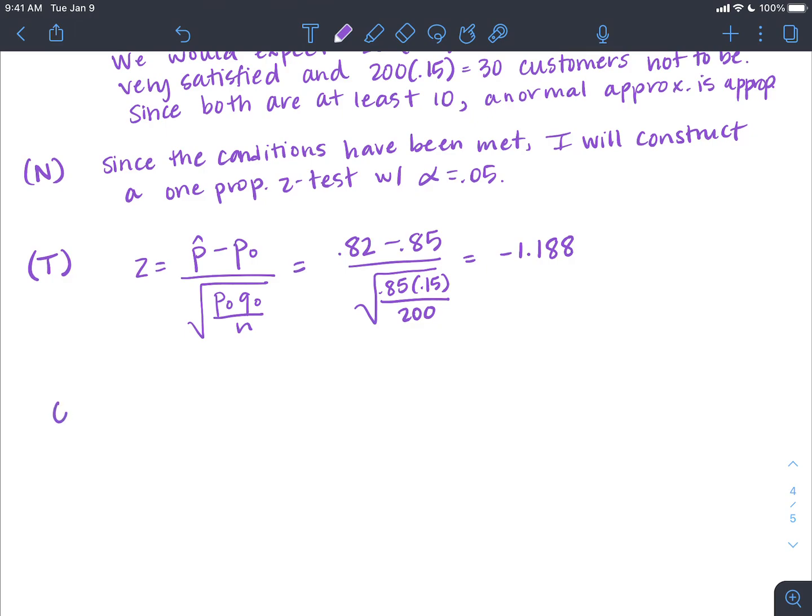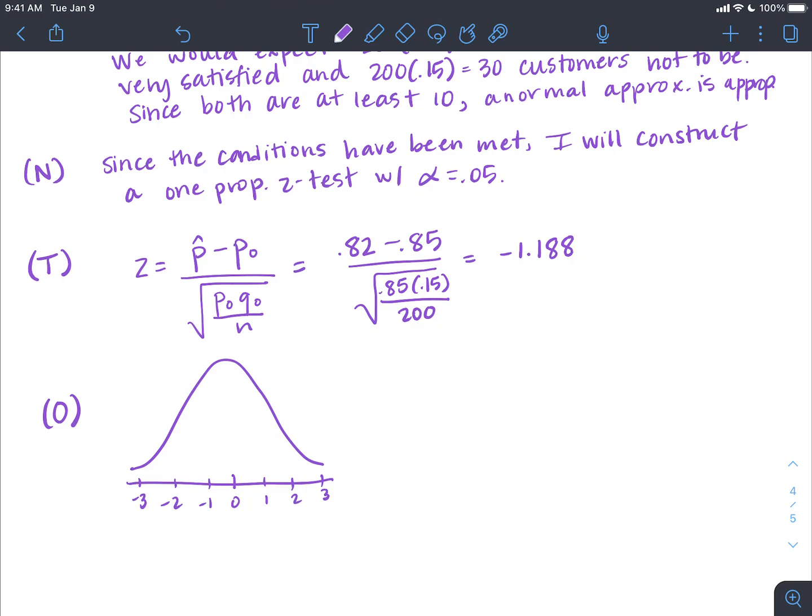For the O, obtain the p-value. So that means I need to start with a quick curve. Standard normal curve. It's very easy to draw. Very easy to label my z. Now, we've got to be careful here. This is a not equal to problem. So I am testing that it could be possibly higher than 0.85 or possibly lower than 0.85.